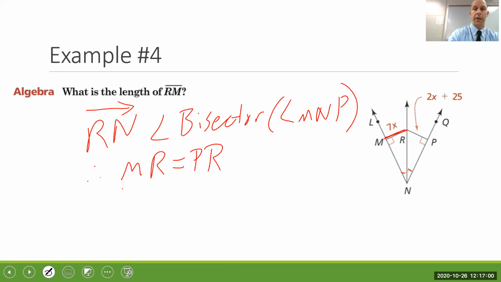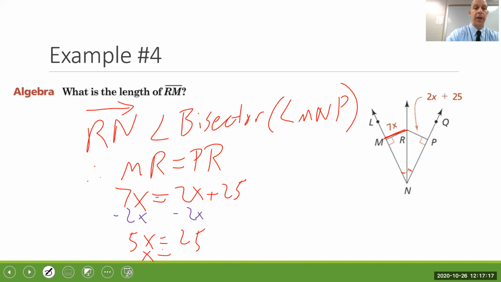In other words, 7x is the same thing as 2x plus 25. Let's go ahead and show a little bit more work on this one than I did the last one. Let's minus 2x, minus 2x. So I get 5x equals 25. X is going to be equal to 5 by dividing.